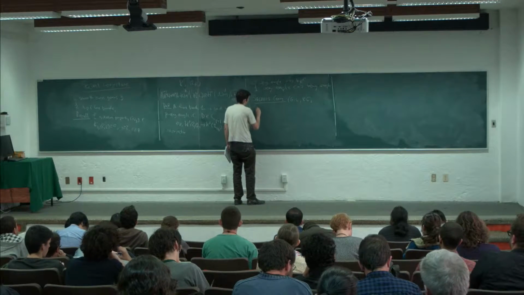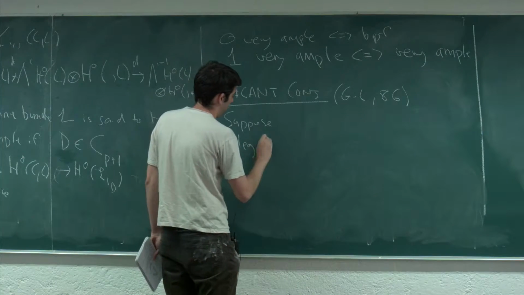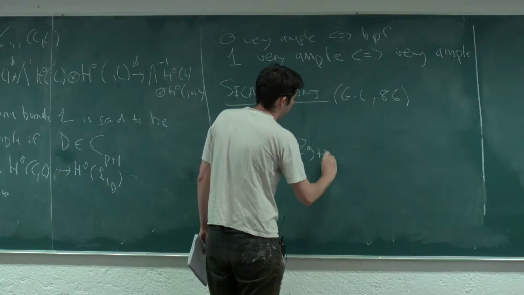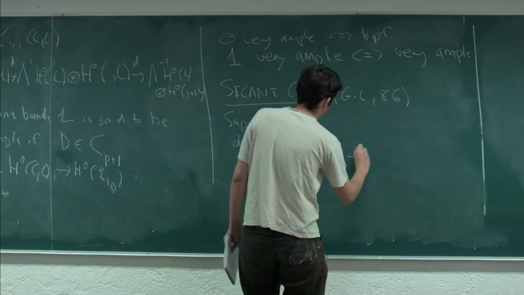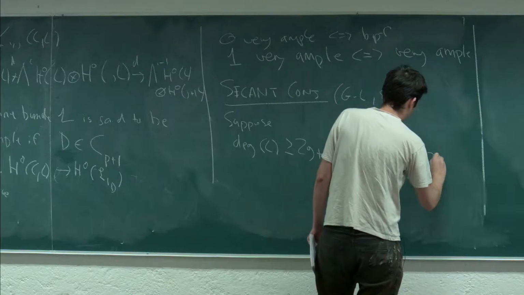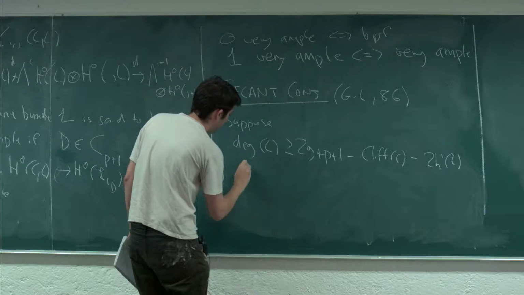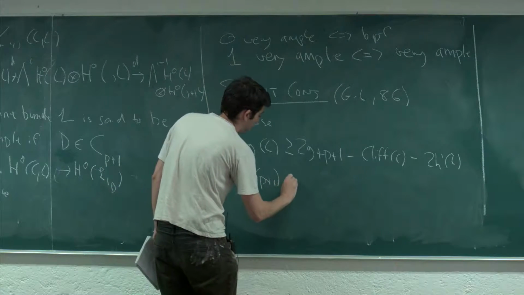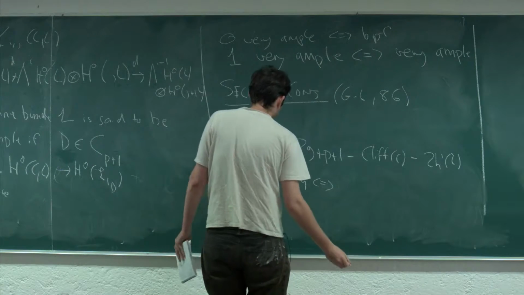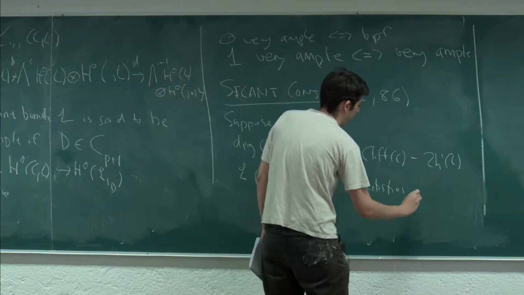It says that if you suppose the degree is big enough with respect to p, in this case the bound 2g plus p plus 1 minus the Clifford index minus 2h^1(L), then L is (p plus 1)-very ample if and only if L satisfies property N_p.